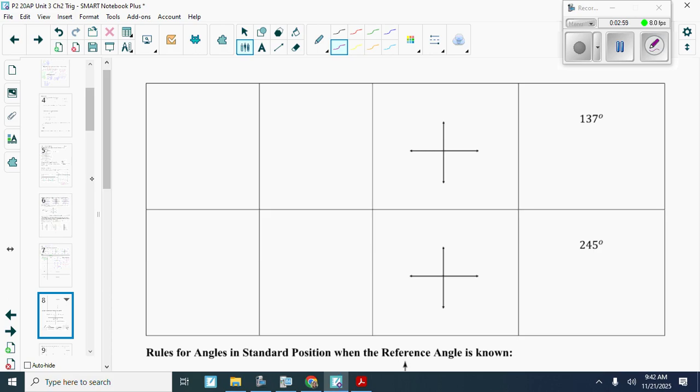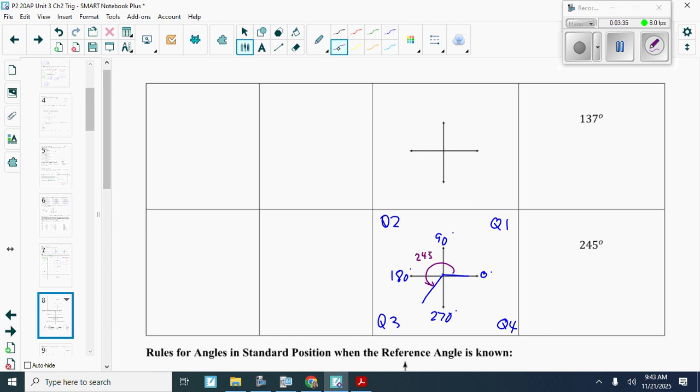So this one just did the opposite. They gave you the standard angle. We'll just do this one real quick, just to make sure. They gave you the standard angle of 245. I cannot write and talk and think at the same time. So 245 would be over here. Let's get my standard angle in there.